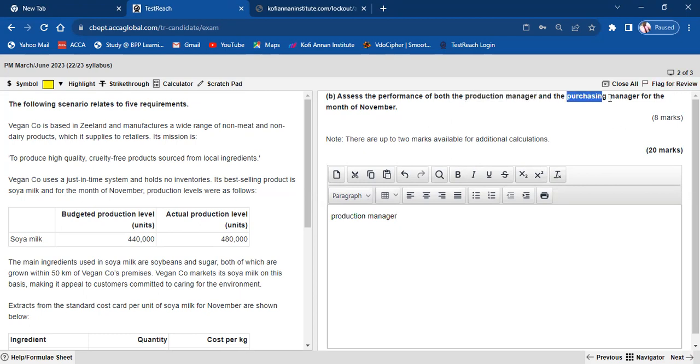Then purchasing manager. Highlight, Control C to copy, Control V to paste. Because I was asked to assess the performance of these 2 people, I need to put it as a structure. Production manager, I'll write a few words. Purchasing manager, I'll write a few words.